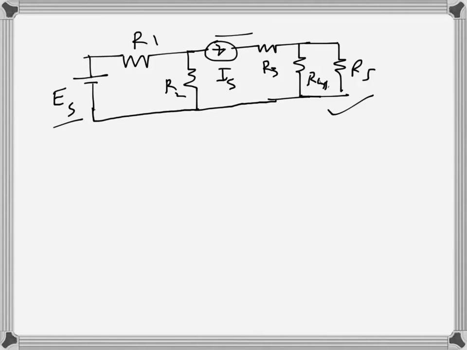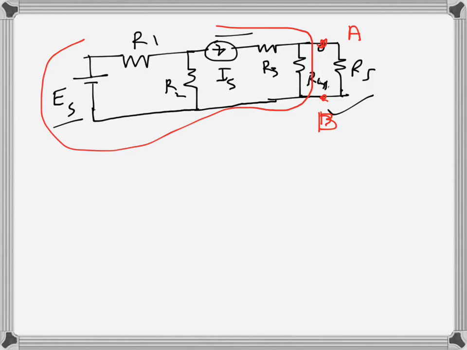So here the theorem states that any part of the circuit can be replaced by an equivalent voltage source and a series resistance. So the whole part, let's say we want to replace the circuit here, this port, let's call it A and here B. So we want to replace this entire side of the network using Thevenin's theorem.